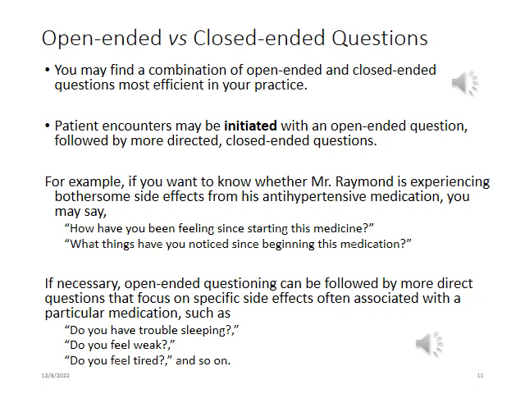If necessary, open-ended questions can be followed by more focused, direct, or specific questions that ask about a specific side effect related to the medication, like asking, do you have trouble sleeping? So he will ask about the side effect of insomnia. Do you feel weak? Do you feel tired? And so on.